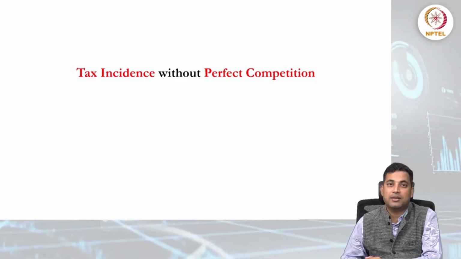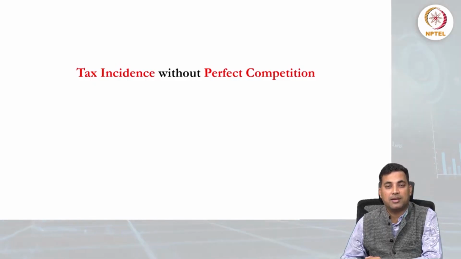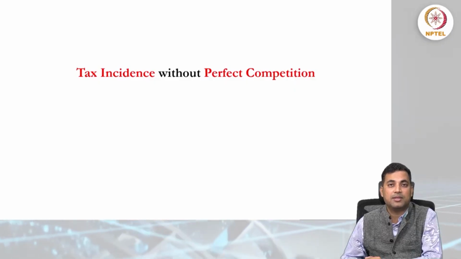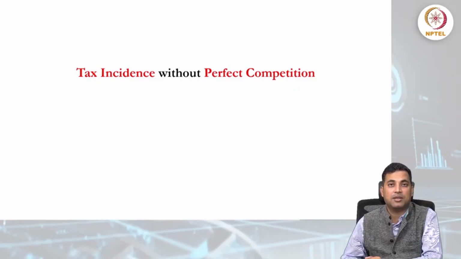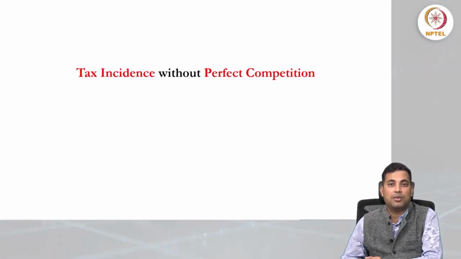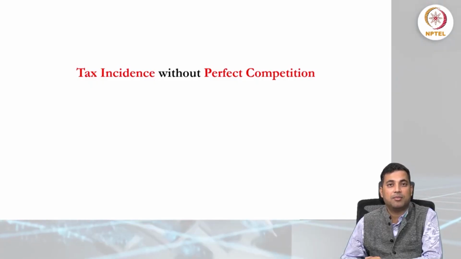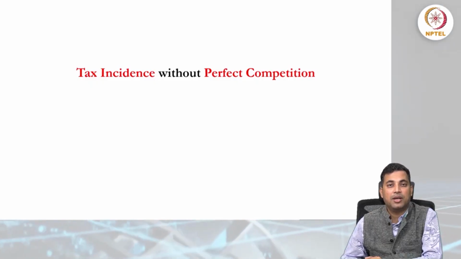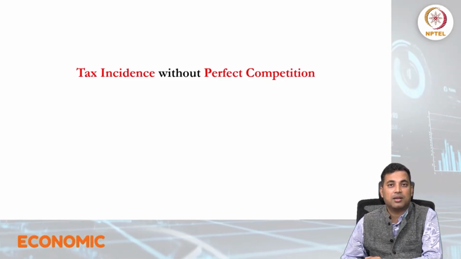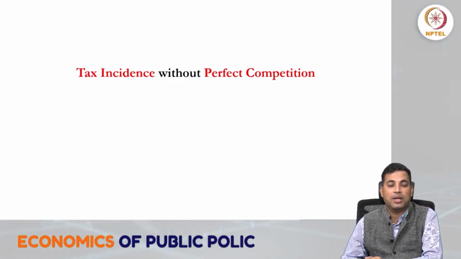One is the characteristics of perfect competitive markets, and the other is what happens in case of monopoly, which is another extreme case of market conditions. In between, we also discussed monopolistic competition, and the market conditions in case of oligopoly and duopoly.